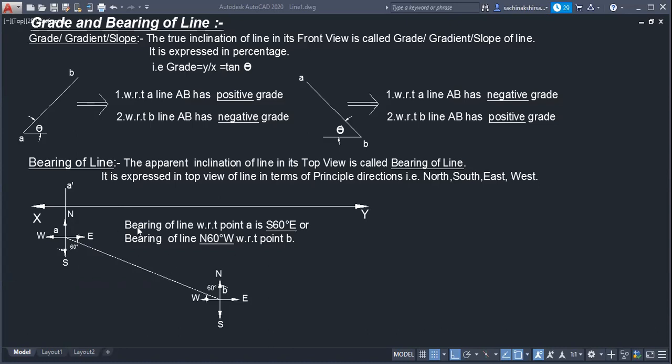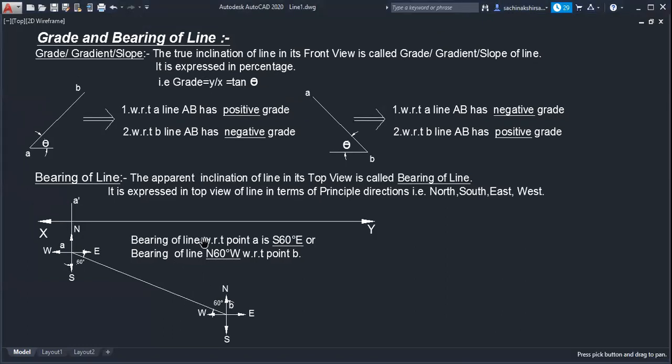Bearing is called indirect beta because bearing gives the inclination of line with vertical, but beta is the inclination of line with horizontal. So in short, you can remember: grade is nothing but theta. एवढंच लक्षात ठेवायचं. ग्रेड म्हणजे थीटा, बेरिंग म्हणजे इनडायरेक्ट बीटा.